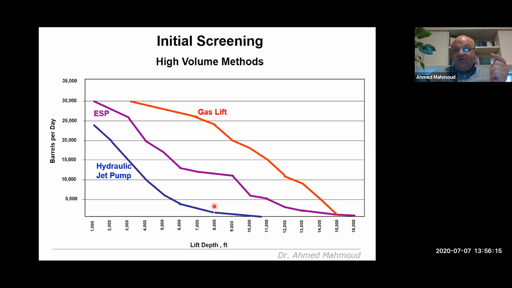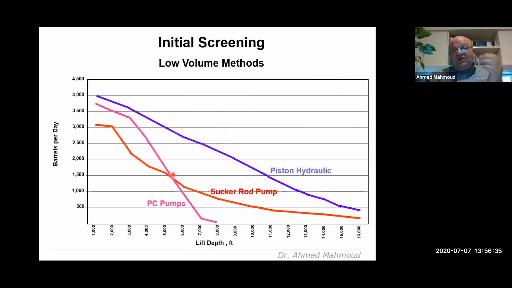And the hydraulic jet pump can lift fluids from as deep as 11,000 feet, and it can give you up to around 24,000 barrels a day. So these are the three systems that can work within pretty deep wells and give you high volume. And then the second one is the low volume methods.